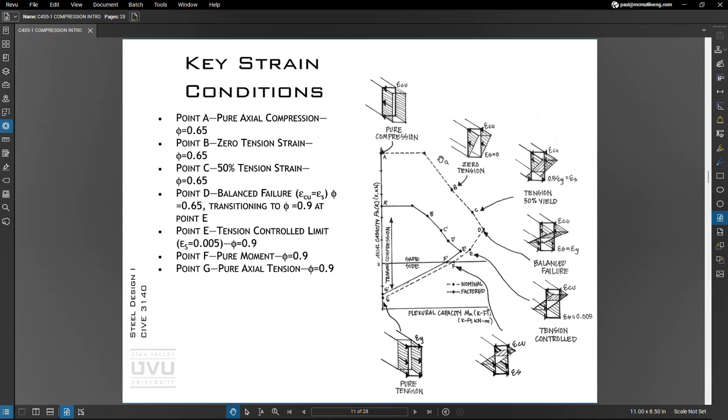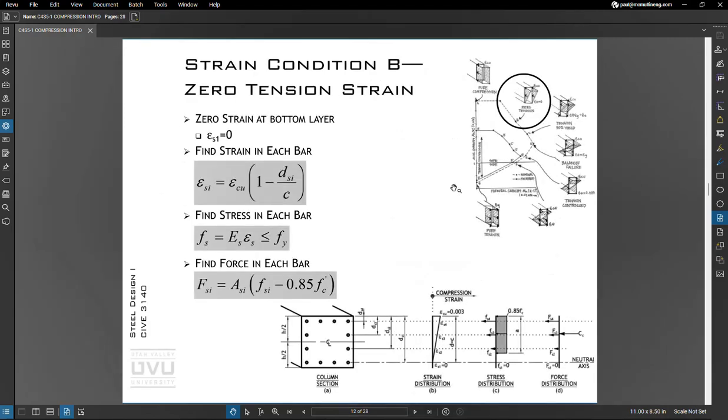As we work our way along the curve, here we have a point where we're at zero tension and full compression, and then some portion of tension and compression. Then as we get to this point right here, we get to more pure bending, which is something familiar to you. And then as we come around to the tension side, we eventually end up in pure tension. So let's just look at point B right here.